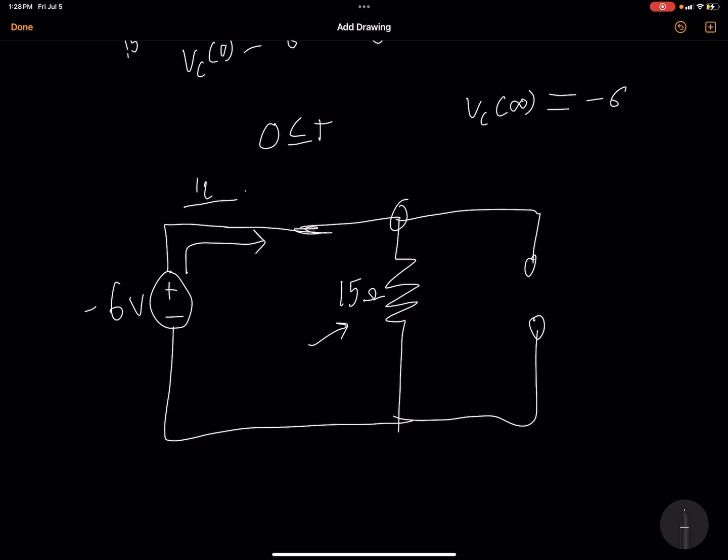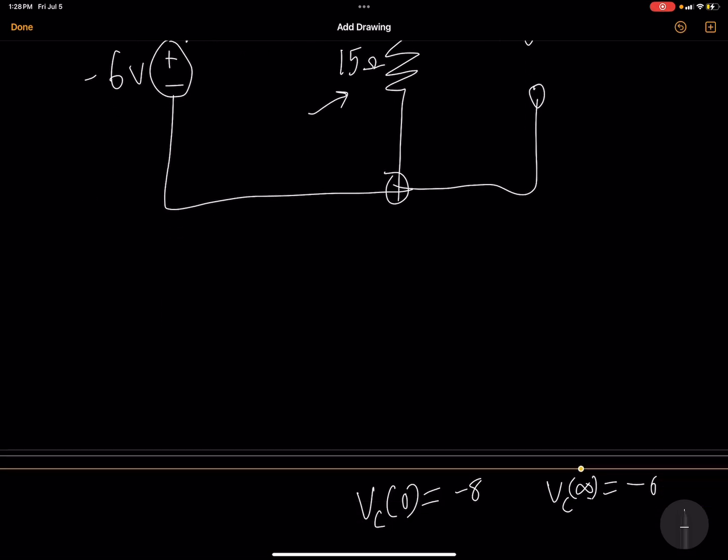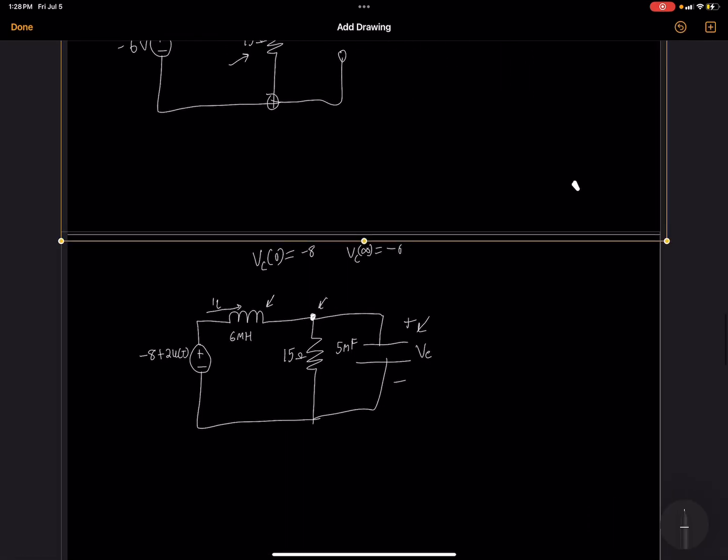You can figure that out doing whatever method you prefer. Since as it goes to infinity, this will be a short and this is an open. Okay, now for our last part, we need to figure out the transient state for this circuit.